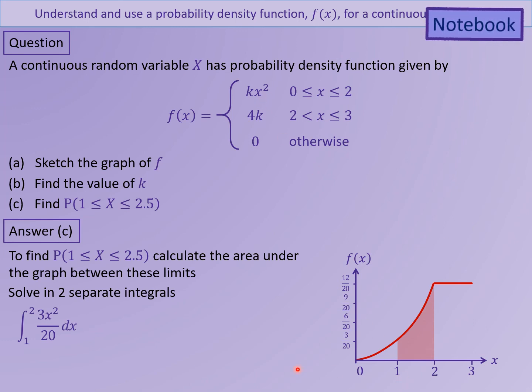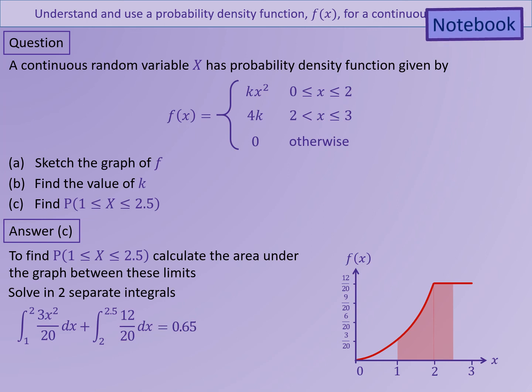First, we're going to go from 1 up to 2, as this is where the functions change. We're going to integrate the kx squared, or 3x squared over 20. We're then going to go from 2 to 2.5. This could be found just by finding the area of a rectangle, or you could integrate the 12 over 20. Both of these will give us the same answer.